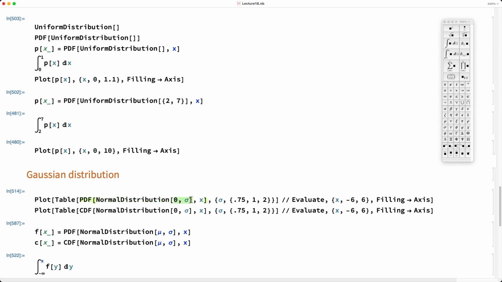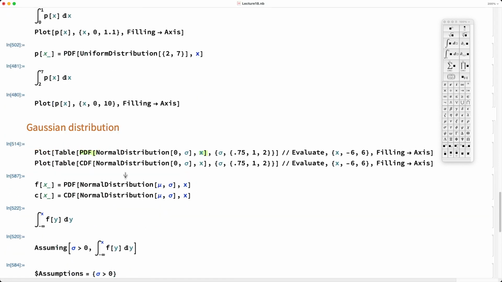So these are the two parameters you have to specify. And then we can, as usual, specify that we want it as a function of x. And here I'm going to plot 3 different versions. So I'm going to plot the Gaussian distribution for 3 different values of sigma. So let me do this.